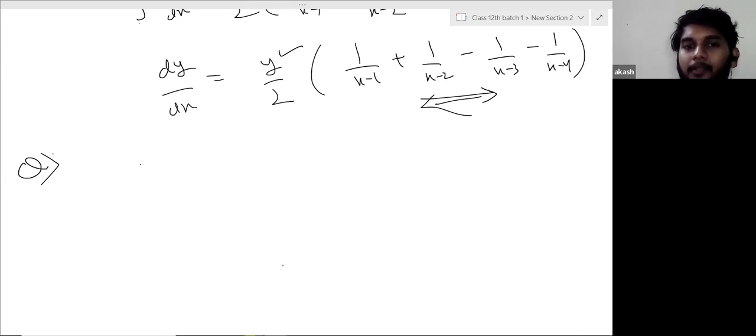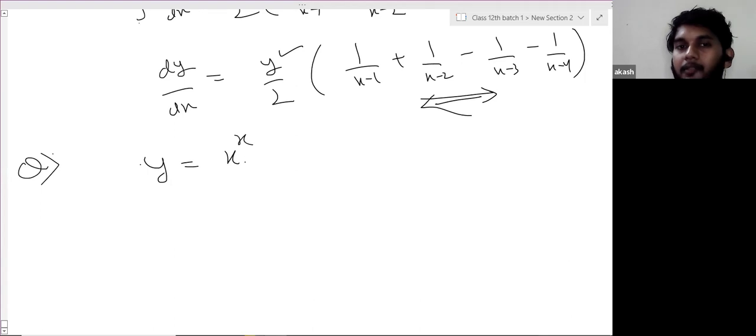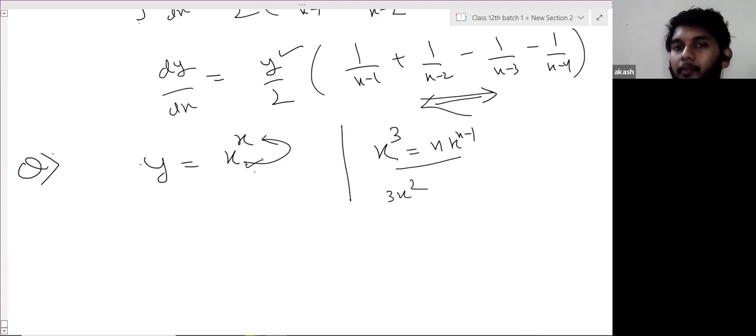Next type of question you will face is y equals to x raised to the power x. All right, and this is variable to the power variable. If we had x raised to the power 3, we can easily apply that formula, n x to the n minus 1, right, 3x square. But this formula cannot be applied here because we have variable to the power variable.